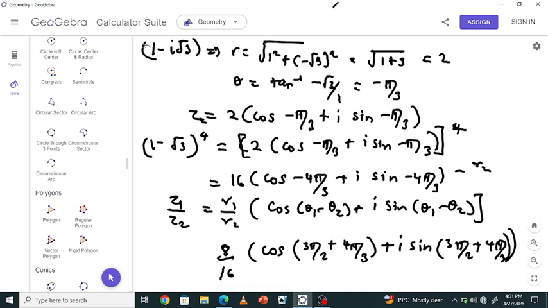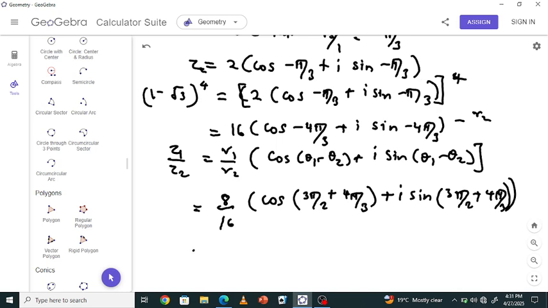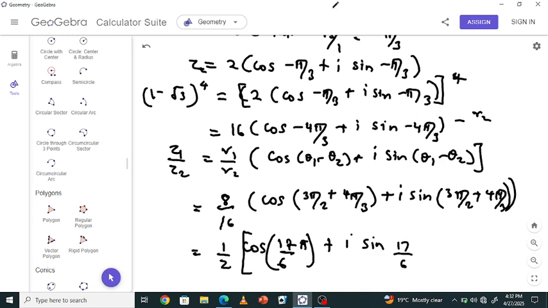And this is our quotient, because we are dividing, it will be a half cos 17 pi over 6 plus i sin 17 pi over 6. And that's how we apply the polar form in solving the quotient and product of complex numbers which are raised to a power more than 1.